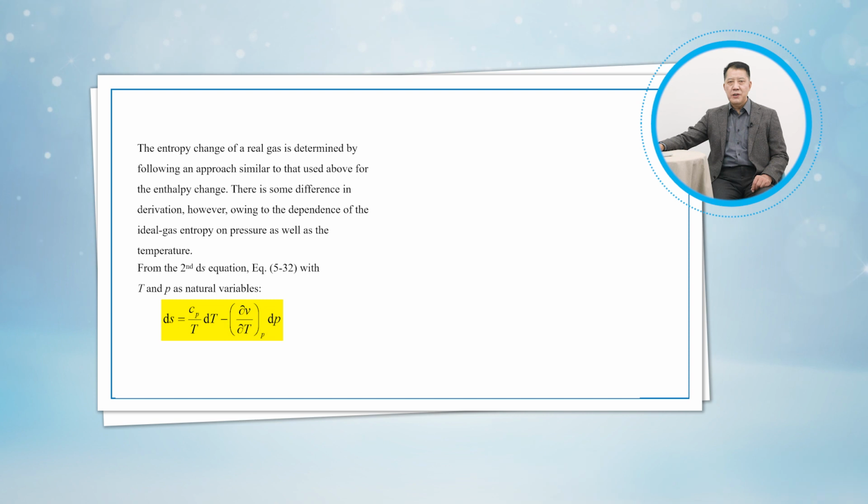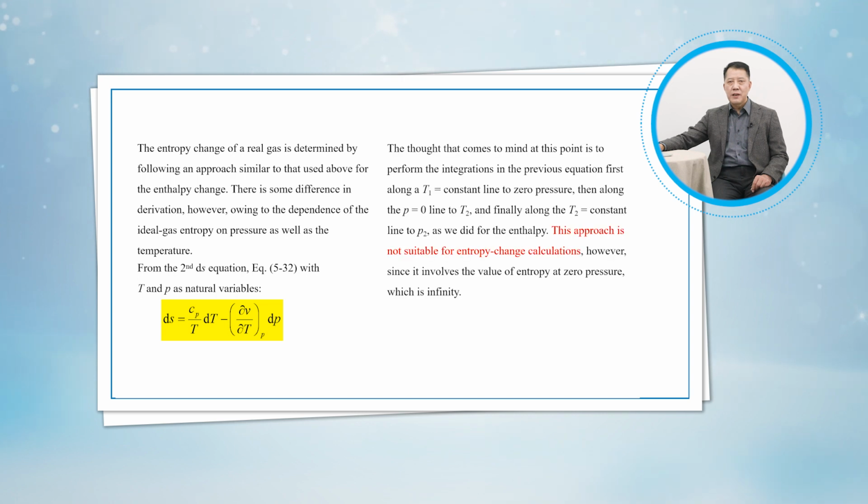From the second ds equation, equation 5-32, with T and P as natural variables, the thought that comes to mind at this point is to perform the integrations in the previous equation first along a constant temperature line to zero pressure, then along the constant pressure line to the final temperature, and finally along the constant temperature line to the pressure, as we did for the enthalpy.